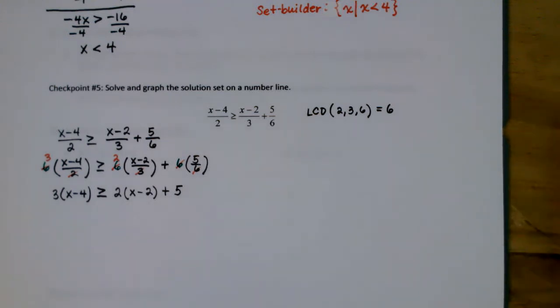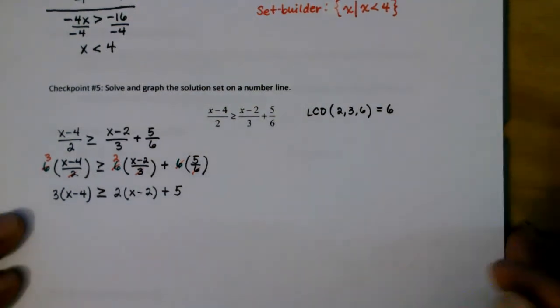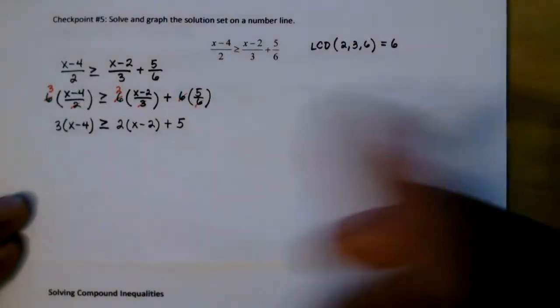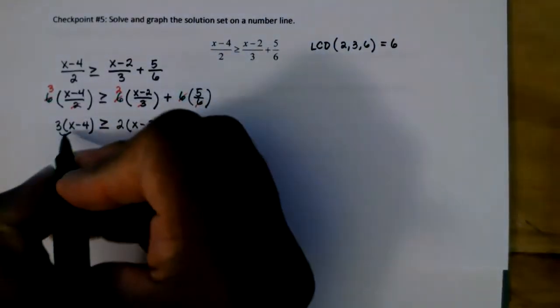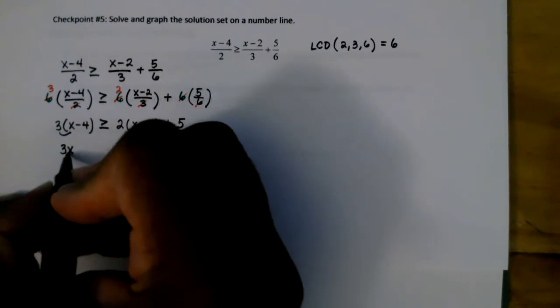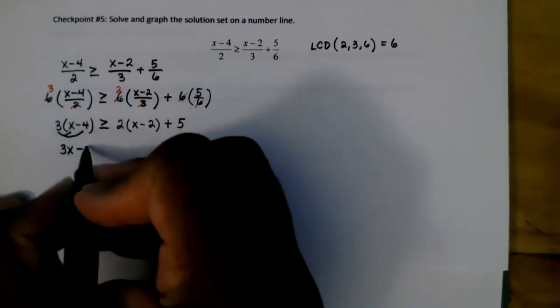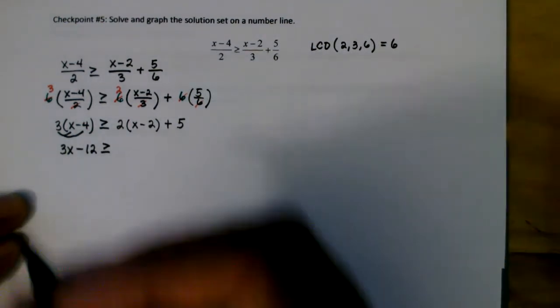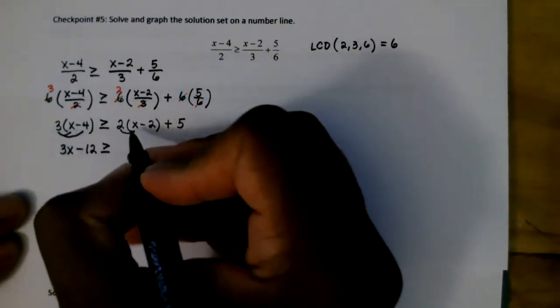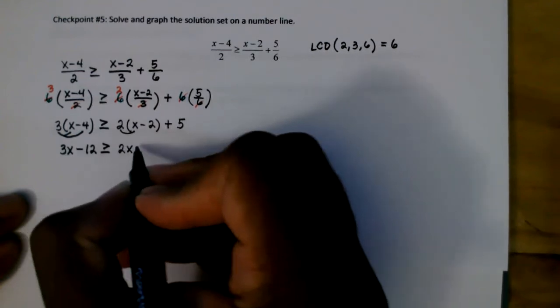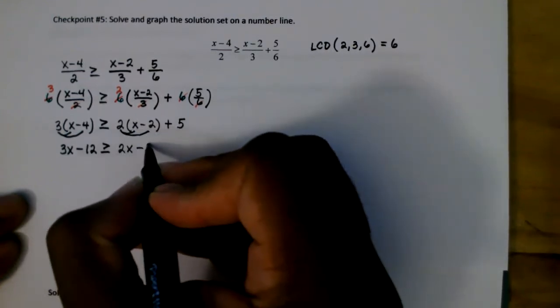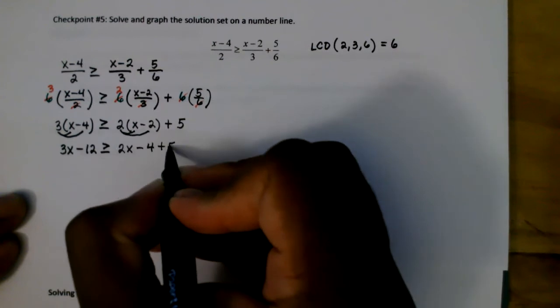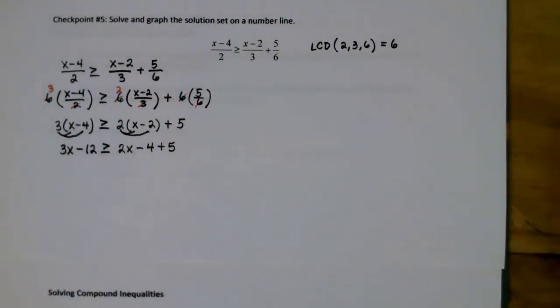And then next we're going to remove the parentheses and combine like terms on each side of this inequality. So on the left side, 3 times x, that's 3x minus 3 times 4, that's 12, is greater than or equal to 2 times x, or 2x, minus 2 times 2, that's 4, and bring down the plus 5.